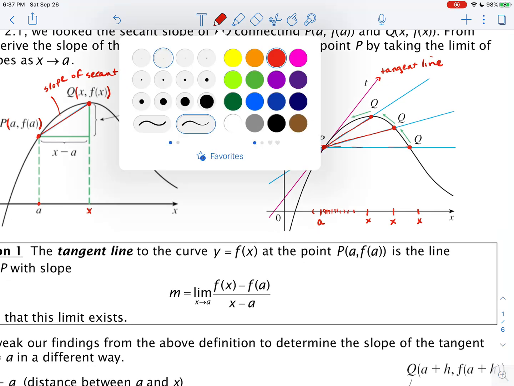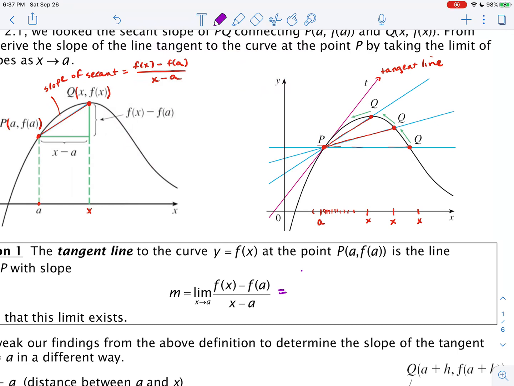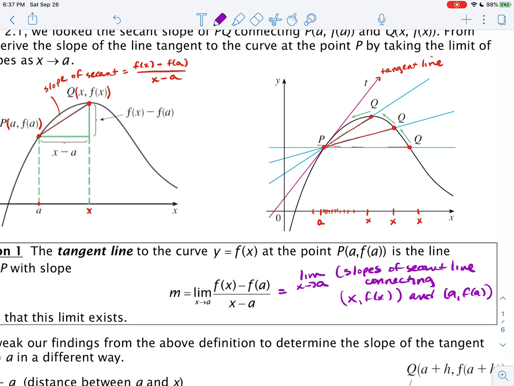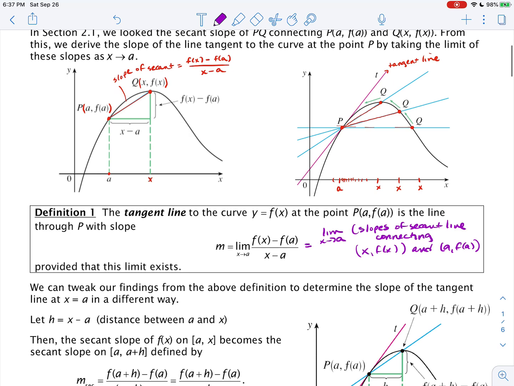To be clear, it is the limit as x approaches A of the slopes of the secant line connecting x, f of x and A, f of A. So your x is getting closer and closer to A, and we define that the limit as it approaches A is going to be the slope of our tangent line, and that's why we call it m.